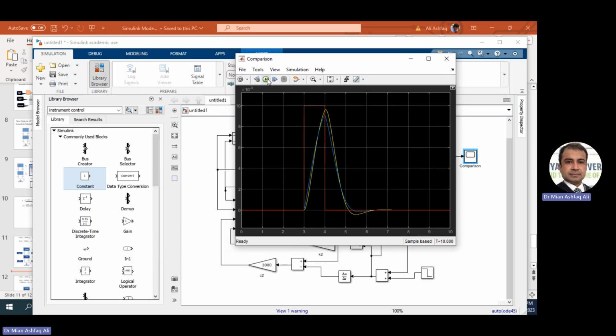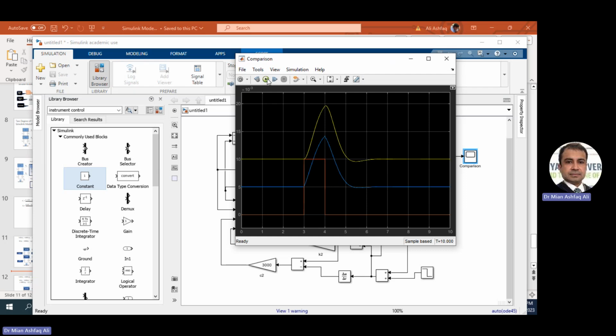So instead of this signal, you see the reference line will slightly change. So this means now we can see the dynamics. The orange line is the input from the road. The blue one is actually the position of M2 with respect to time. And the yellow one is the position of M1 with respect to time.